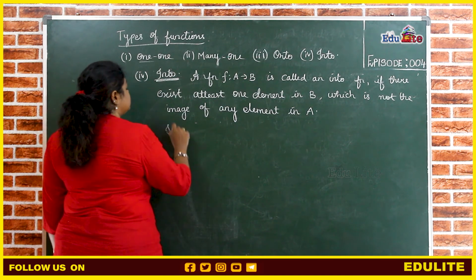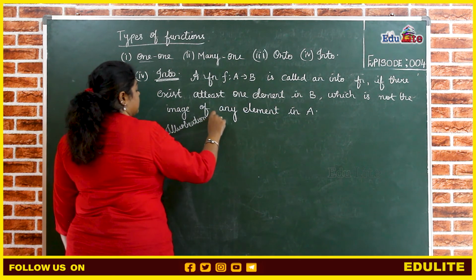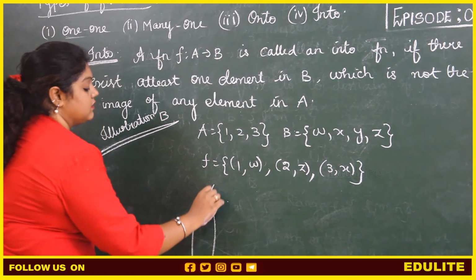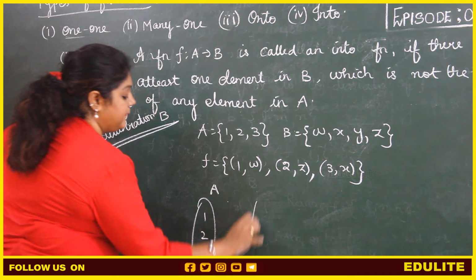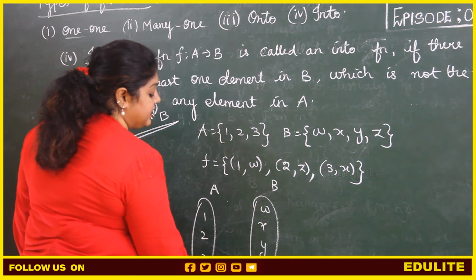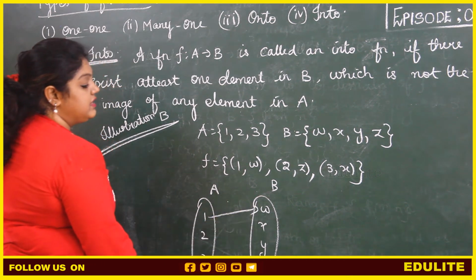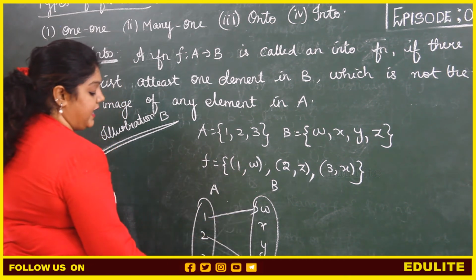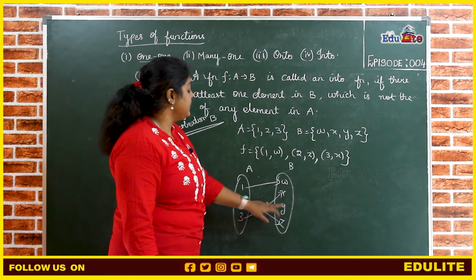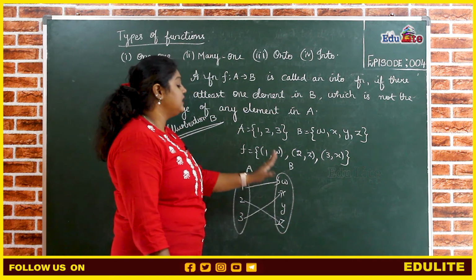We will consider the example which is given in the textbook, illustration 13. So set A is given as 1, 2, 3 and the set B is given as W, X, Y, Z. We will map the function according to the given f value. 1 is mapped to W, 2 is mapped to Z and 3 is mapped to X. If you see in this function, in the set B, Y is not an image of any of the elements in A, which means Y doesn't have a pre-image.